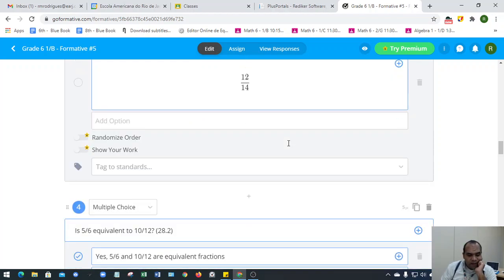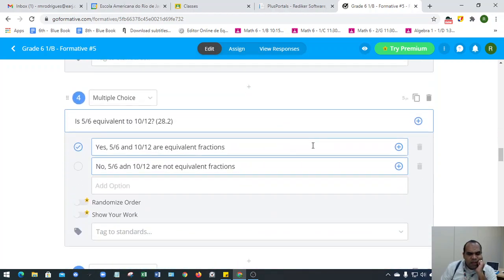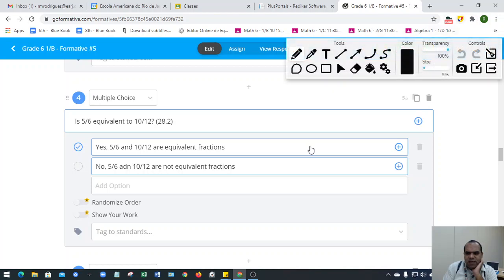Great. Let's go. Is 5/6 equivalent to 10/12? Let's see. If you notice, guys, 5/6 is equivalent to 10/12. Let's check it out.